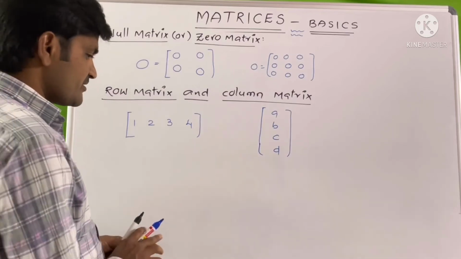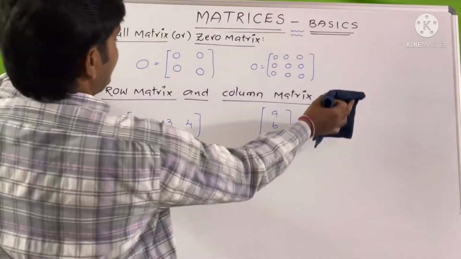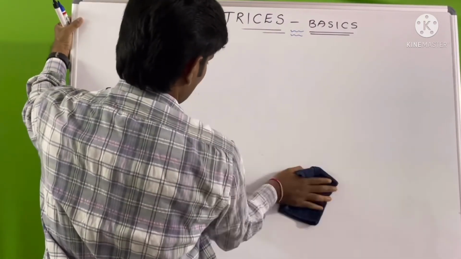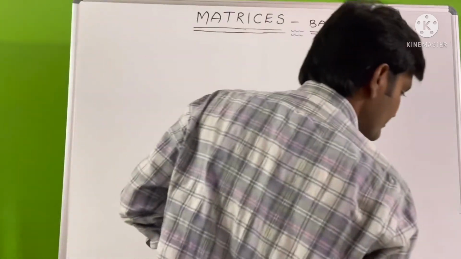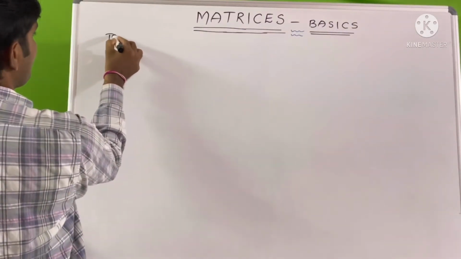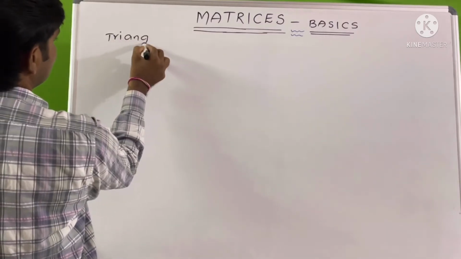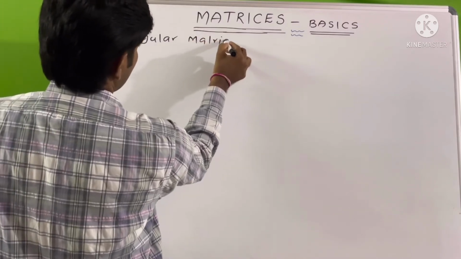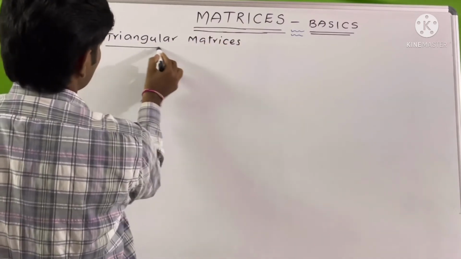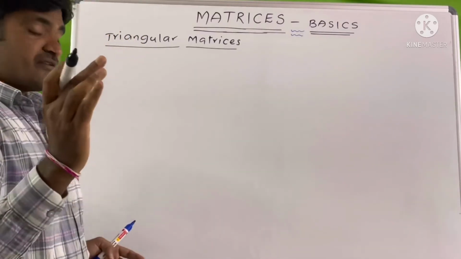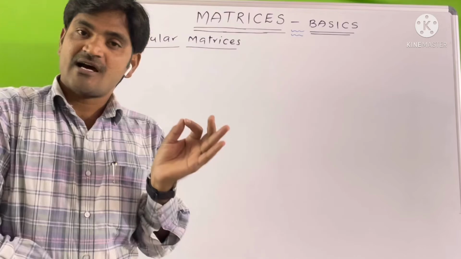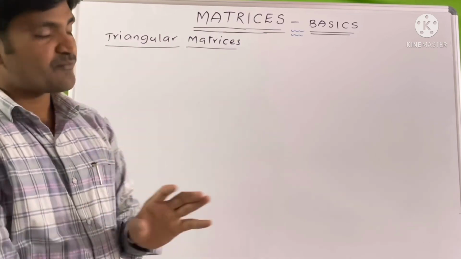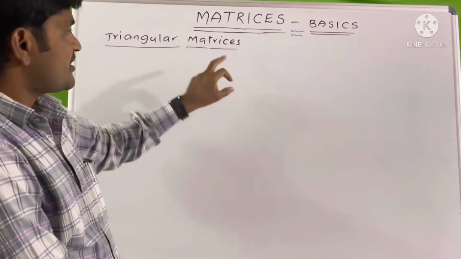So next definition is upper triangular and lower triangular matrices. Triangular matrices are two types.